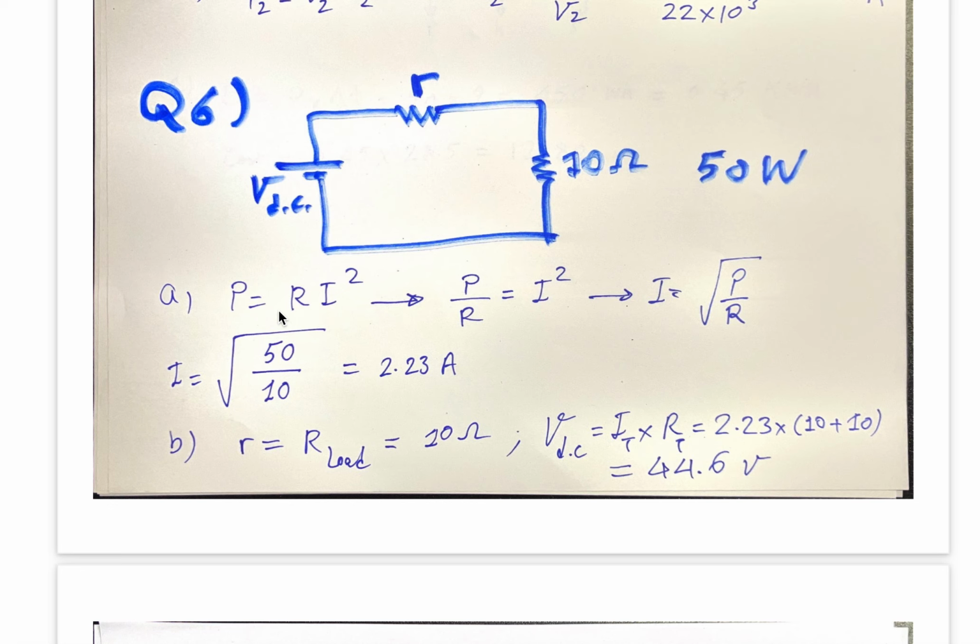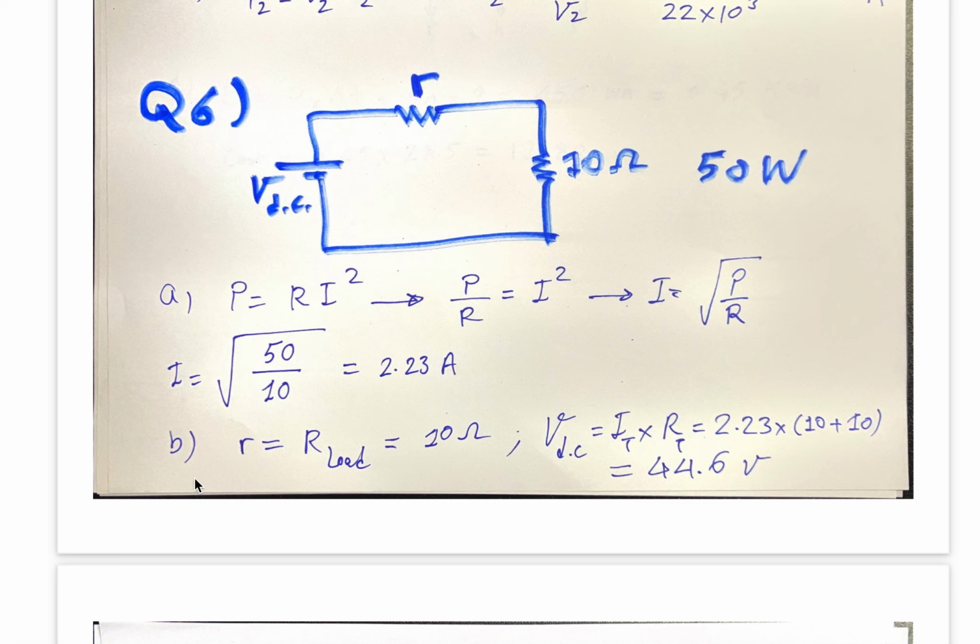If you replace V by R times I, you can get this one. Or you can memorize this one, P equals RI squared. So I equals root square P over R. Both of them are known. P is 50, and R is also given, 10 ohm. So the current is 2.23 amp.